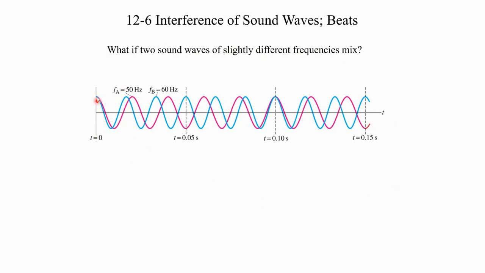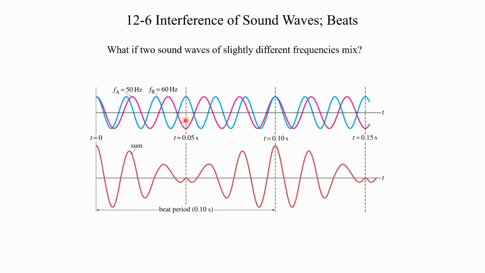So at time 0, let's say that we have the maximum compression of the air from both waves. And so they add together and you get a lot of compression. But 0.05 seconds later, at this moment in time, we've got the maximum compression from one wave and the maximum expansion of the air from the other simultaneously arriving at that point in space. So they'll cancel each other out.